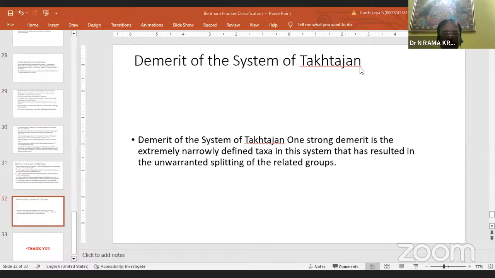See the questions. What are the differences between artificial, natural, and phylogenetic systems of classification? Is it clear now? Yes, sir.